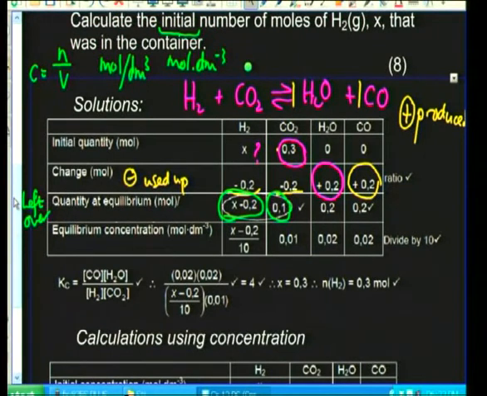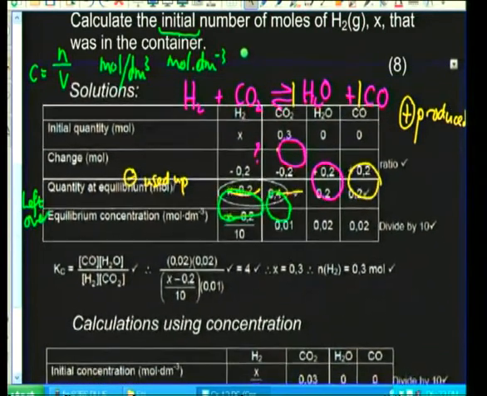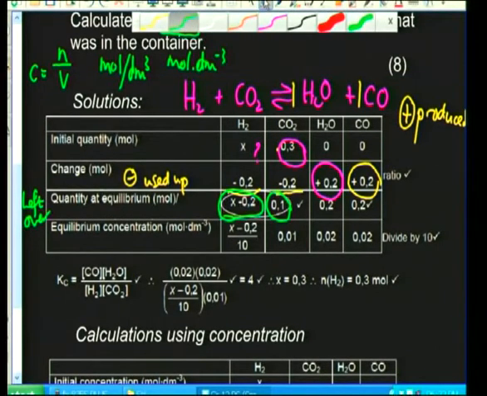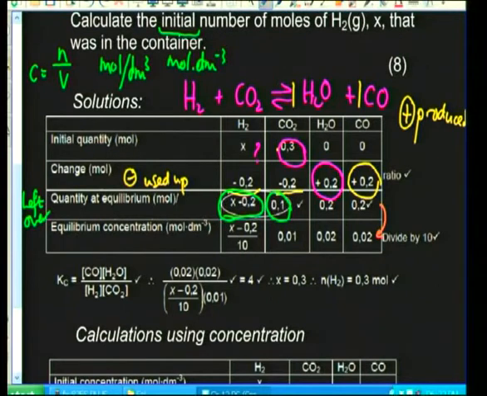Let's start on this side. I'm dividing the 0.2 moles by 10. There we are. I'm dividing that 0.2 moles by 10, and we'll notice the decimal point has moved one place. Again, 0.2 moles divided by 10, 0.1 moles divided by 10.